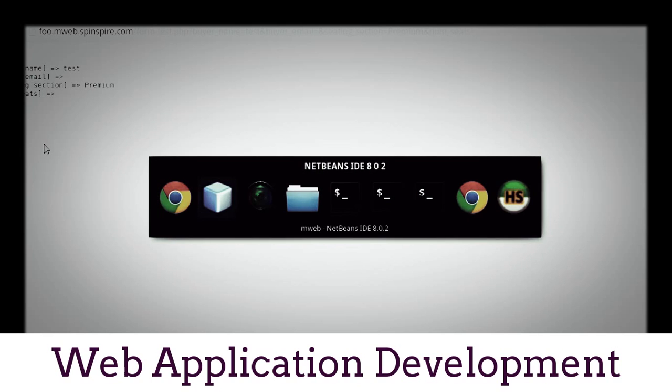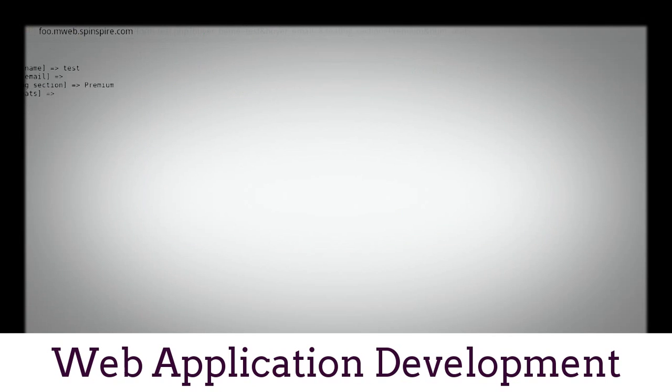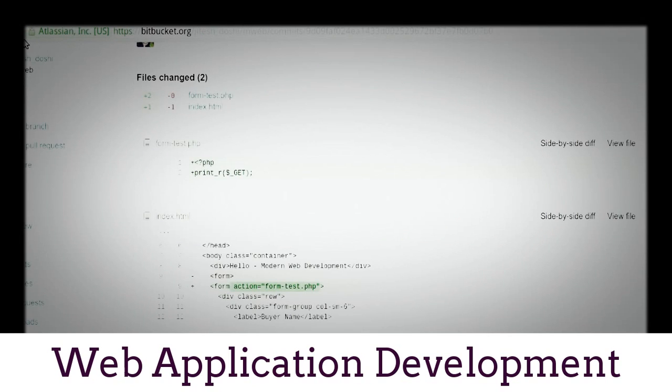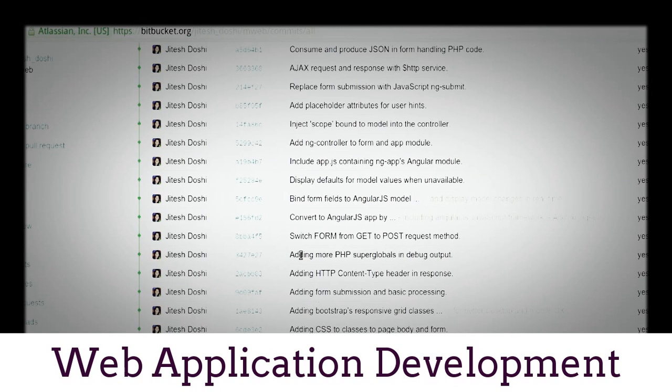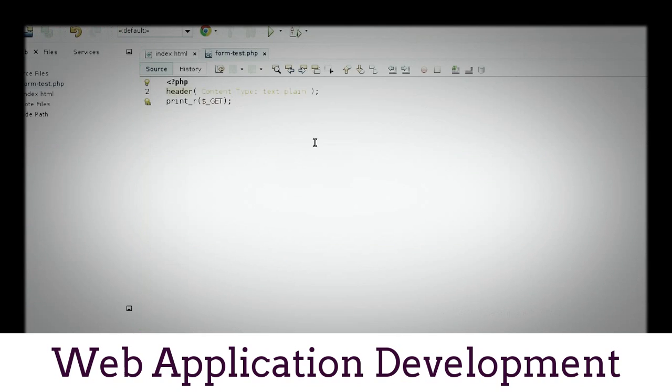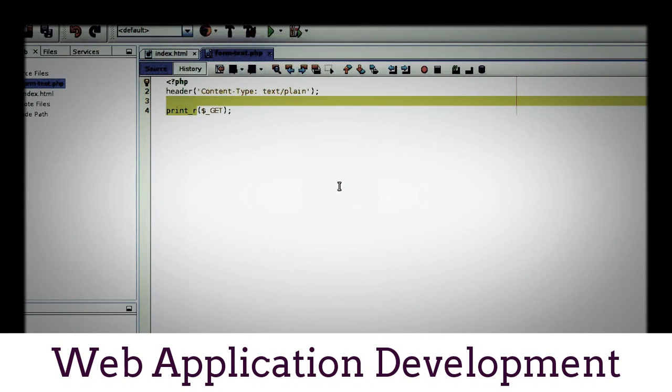Okay, all right, let's see what's the next step we want to take. So finally, there are a few other PHP super globals. I showed you that you can print $_GET. There are a few other super globals. Let's try them out.